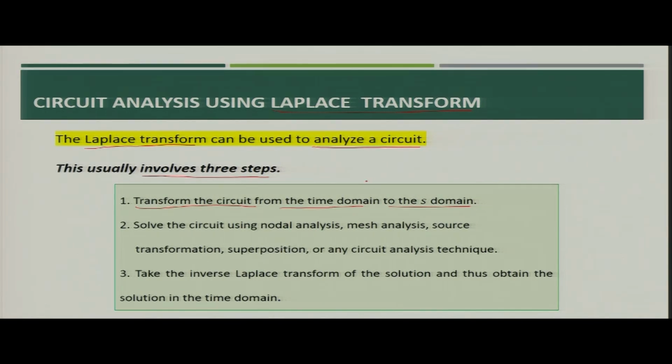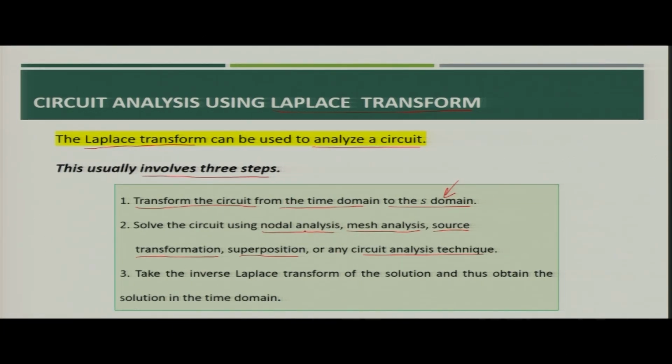Whatever circuit elements you have in the electrical circuit, all will first be transformed into the S domain, and then we will solve the circuit using the circuit analysis techniques discussed in the previous classes, like nodal analysis, mesh analysis, source transformation, superposition, or any other technique. This includes Thevenin's and Norton's equivalents also.